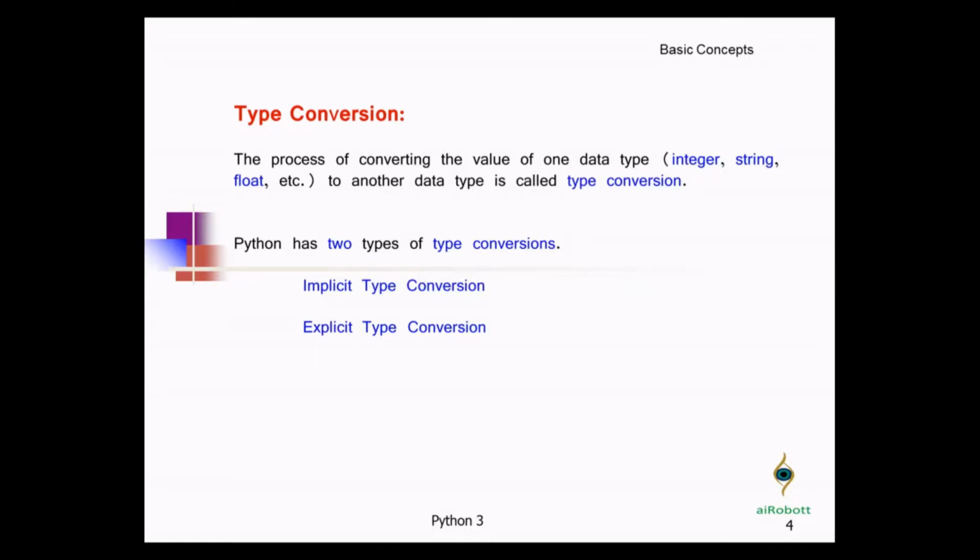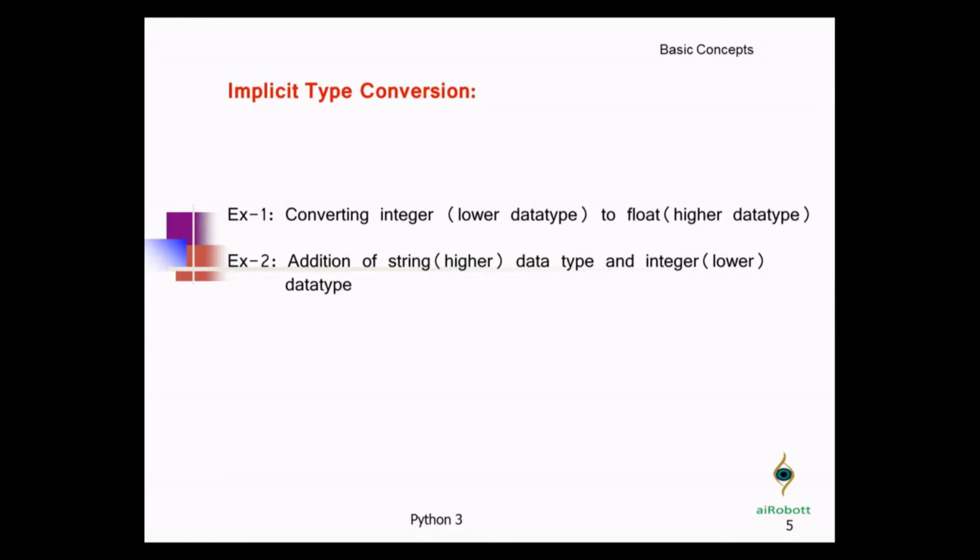Python has two types of type conversions. One is implicit type conversion and the other is explicit type conversion. In implicit type conversion, Python automatically converts one data type to another data type.